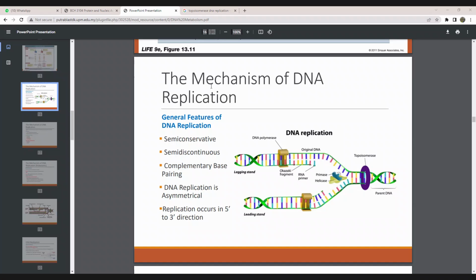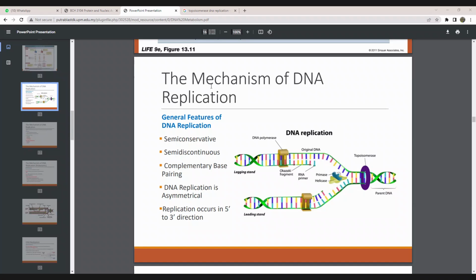So semi-conservative tells you that one strand is from the original template of double-stranded DNA, and another strand is a newly synthesized strand.